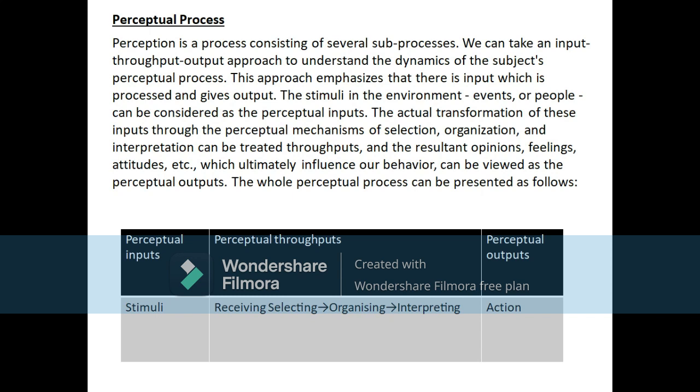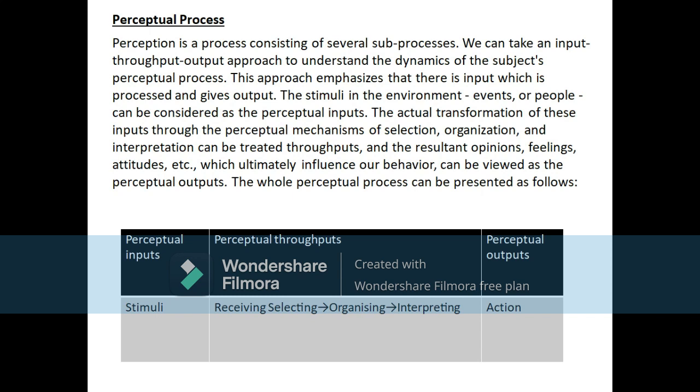So this is the whole perceptual process. These are all the sub processes: in inputs, stimuli is the sub process; in throughputs, receiving, selecting, organizing, interpreting. Now coming to the first one, inputs, that is known as perceptual inputs.